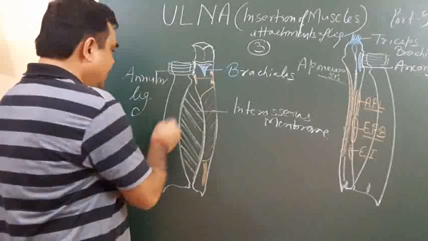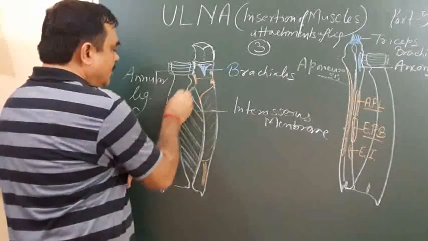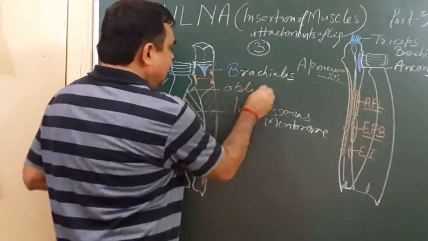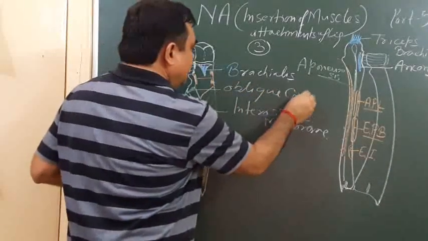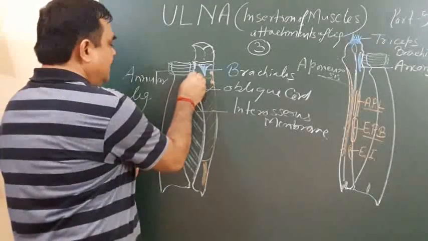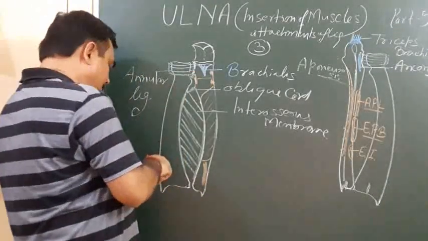Another thing, here is the oblique cord. Here is the quadrate ligament.